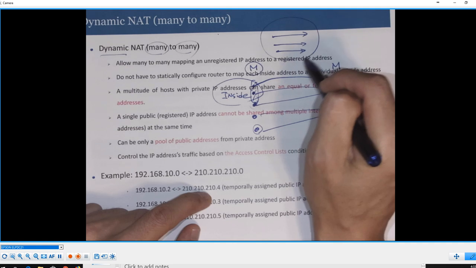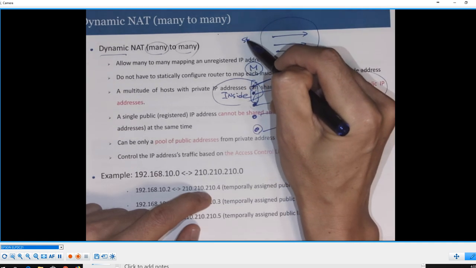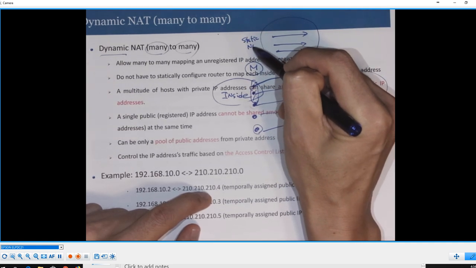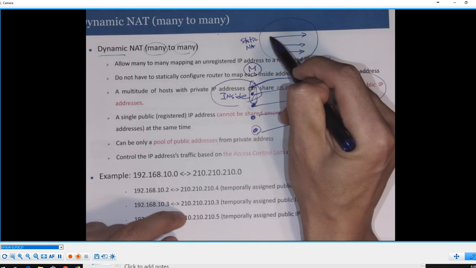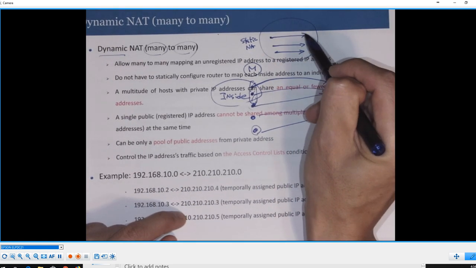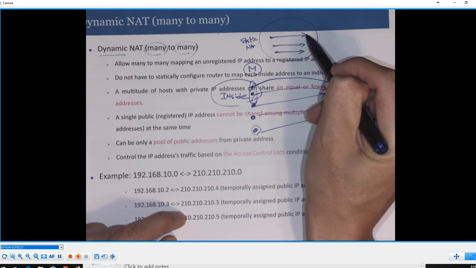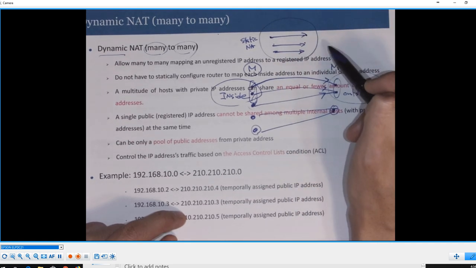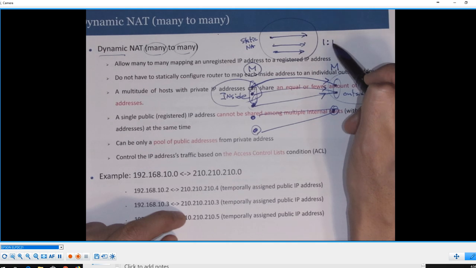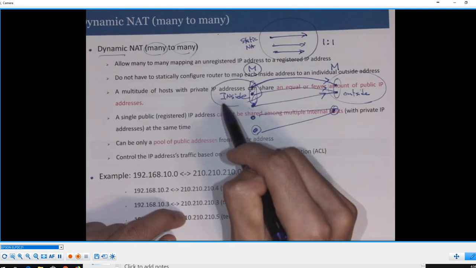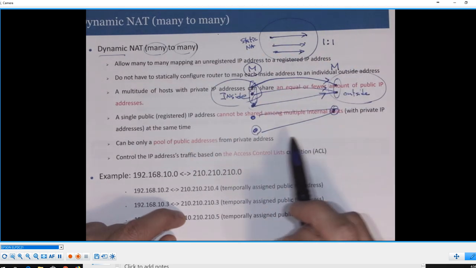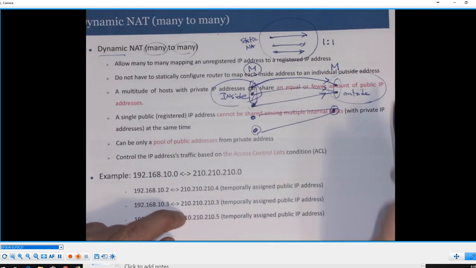But for the static NAT, it's really one-to-one, right? One private IP address translated into one specific public IP address, and vice versa. So this is called what? One-to-one mapping. Whereas the dynamic NAT is many-to-many mapping. Okay.